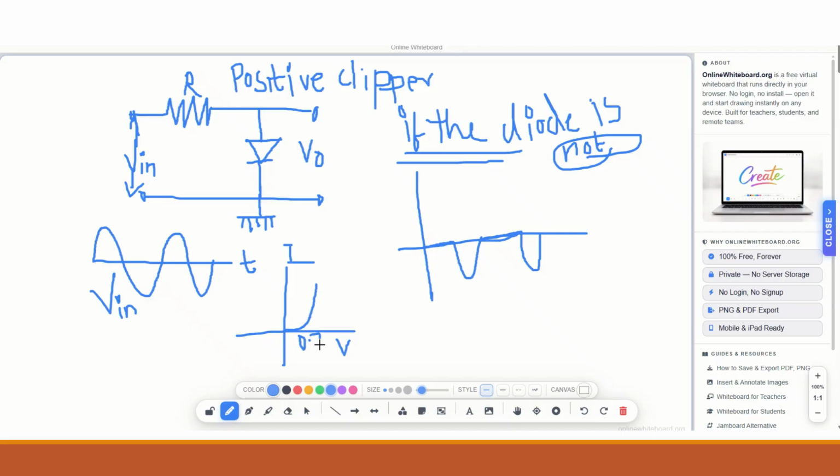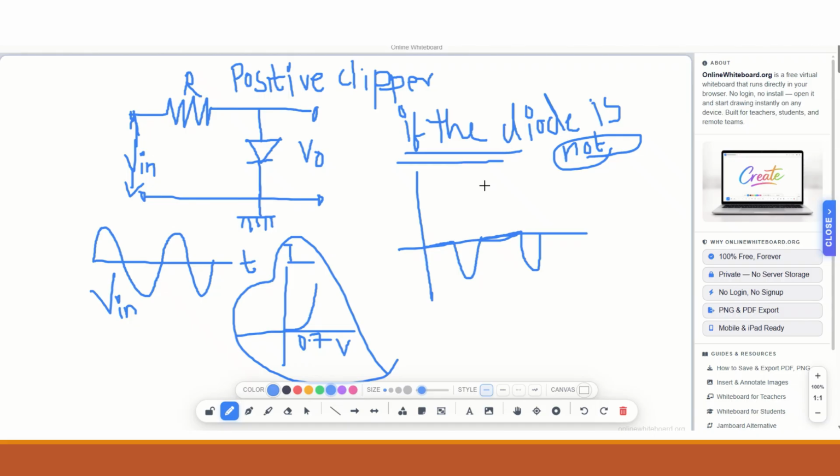Until then, there is no current flow in the diode. This is the diode's VI characteristics. If we are using a silicon diode, the cut-in voltage is 0.7 volt. After that, when the diode's potential becomes 0.7 volt, only then the current flows exponentially.